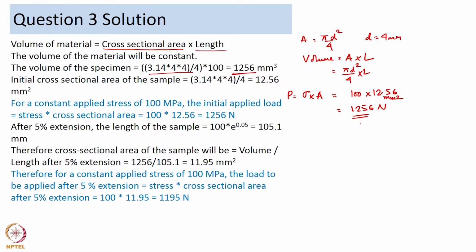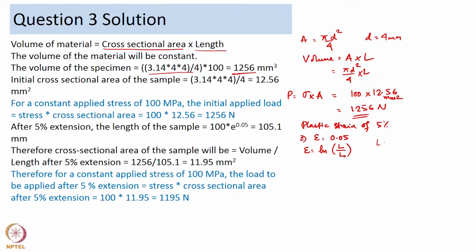Now, the second bit: after 5% extension, what should be the applied load? We are talking about a strain of 5%, a plastic strain, so this implies epsilon is equal to 0.05, and plastic strain is defined as ln of L over L naught.